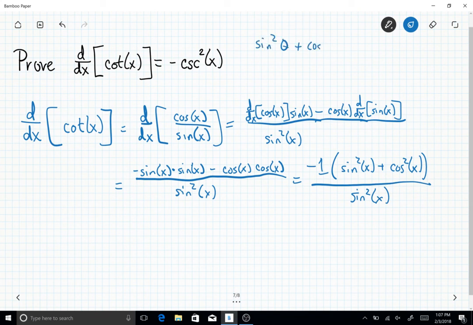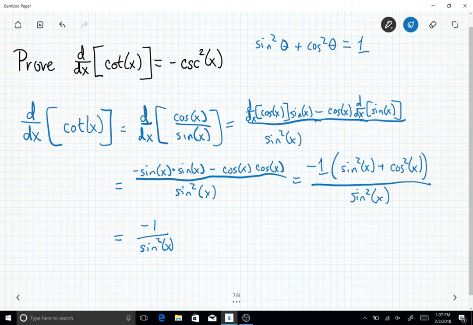Sine squared theta plus cosine squared theta, always, and you can test it out with some numbers in your calculator. No matter what numbers you come up with, you always get equal to 1. So this whole thing equals negative 1 over sine squared of x.